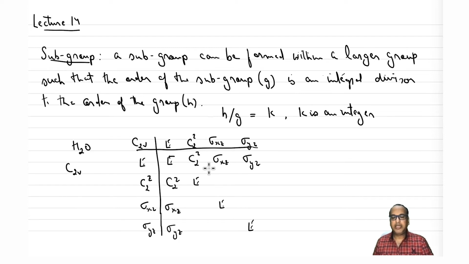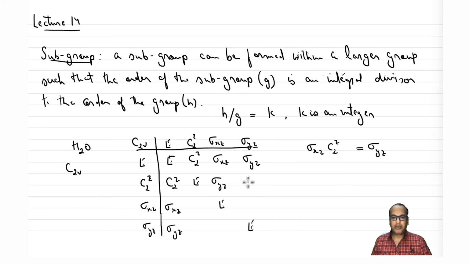Now the rearrangement theorem says that no two elements in a group can be repeated in a row or column. So in this row we have seen that C2 and E are already there, and in this column sigma xz is already there. So the only option to write here is sigma yz. You can also test this: if I apply C2z first and then sigma xz, I should get sigma yz, which can be easily tested, and I leave it for you to test on this molecule.